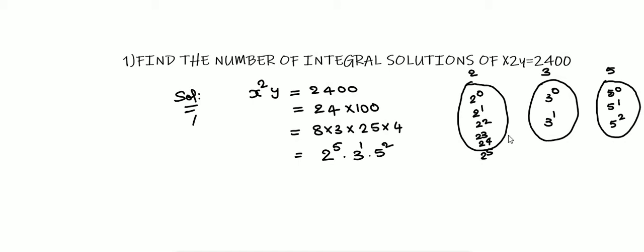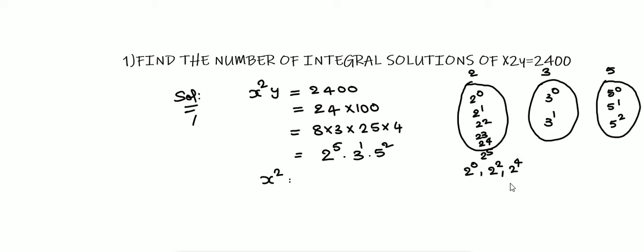So now choose the factors from these groups such that that number is a perfect square, so that it will match with x square. So what are the possible values to choose for x square? Let us check it. From the first group, either 2 power 0, 2 power 2 or 2 raised to 4.